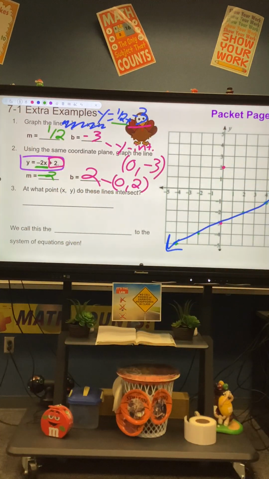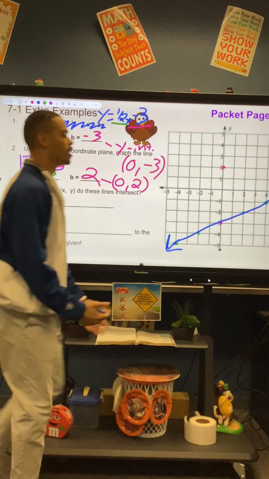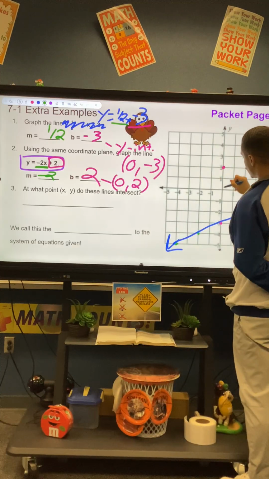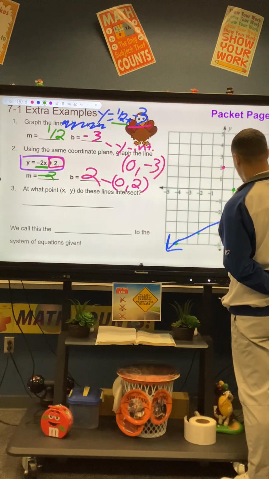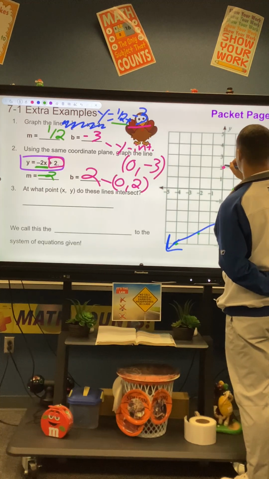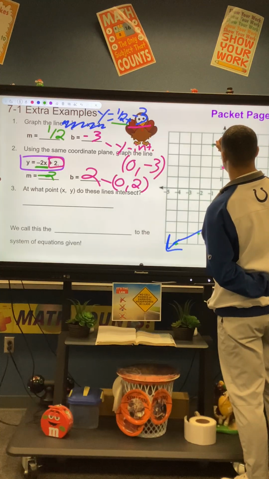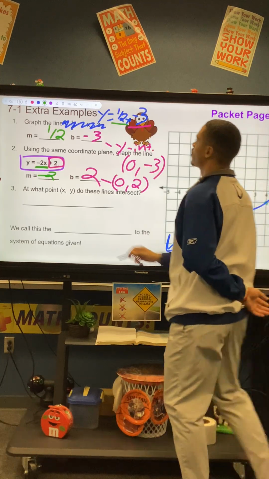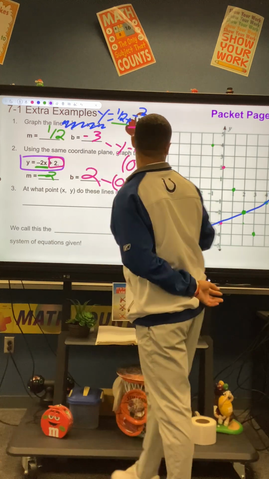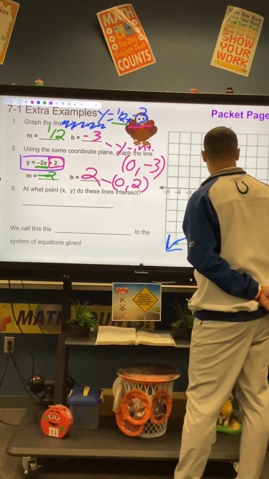Then to find my next point, I start at this y-intercept, I go down 2 and to my right 1. Down 2 to my right 1. Once I have all my points, draw a line to connect them.